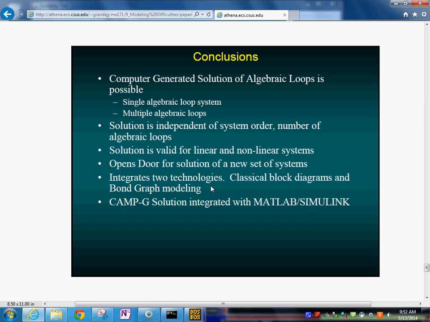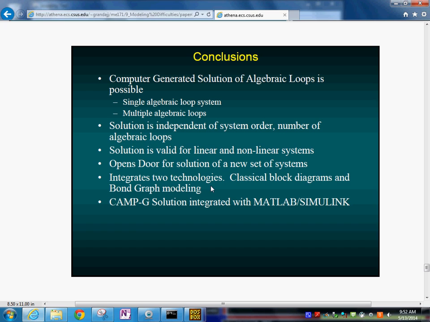It could hold for both of those conditions, regardless of the order or the number of loops. The solution is valid for linear and nonlinear systems, provided that we are able to specify those matrix coefficients.